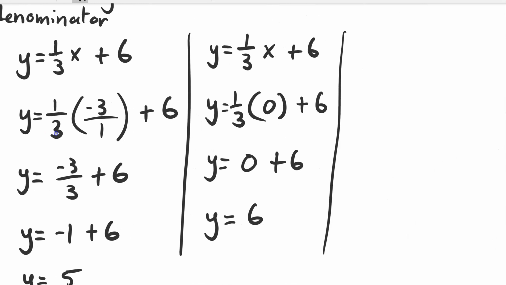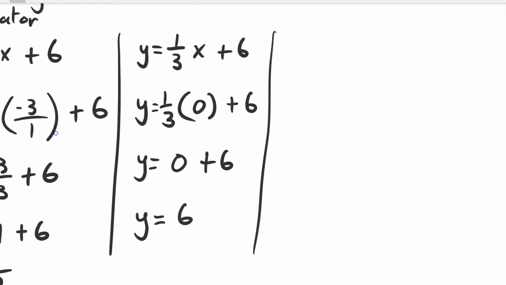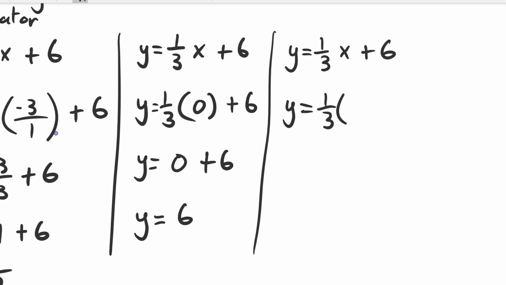And we'll do one more so that we can look and make sure that we are finding our pattern here. So what's our common trend? So y equals 1/3 x plus 6. So y equals 1 over 3, in brackets, we're going to be using 3 this time over 1. Again, our denominator is 1 whenever it's not listed because dividing by 1 is still itself, plus 6. Y equals, now multiplying these together, we get 3 over 3, plus 6.